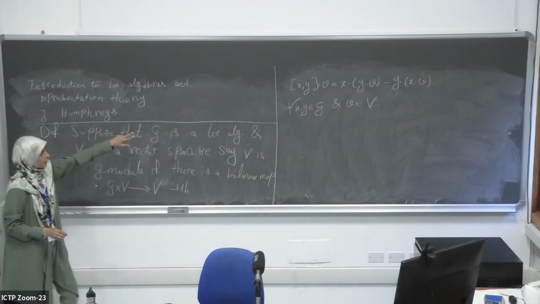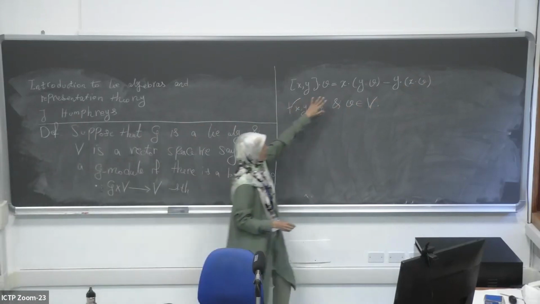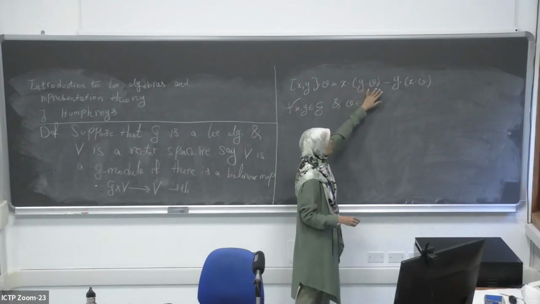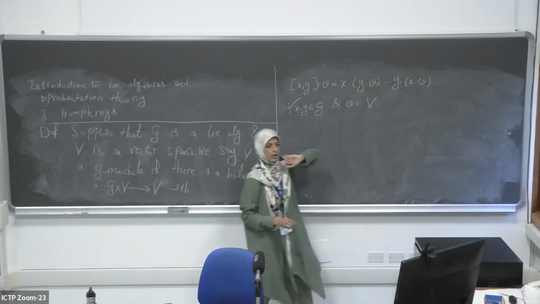The bracket of x, y acting on v equals x times y times v minus y times x times v.